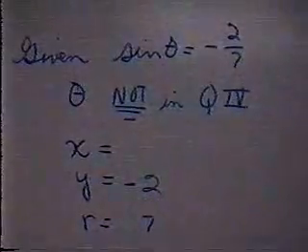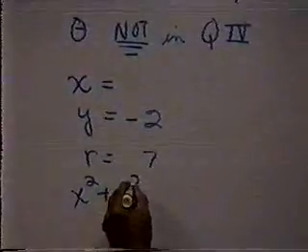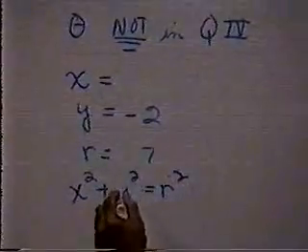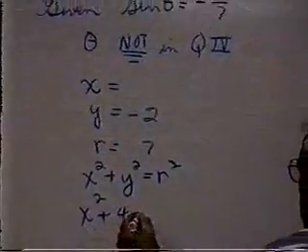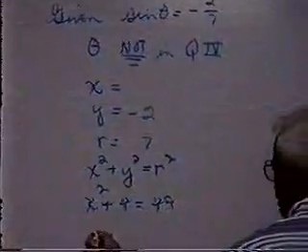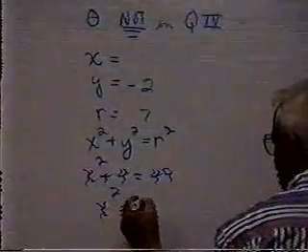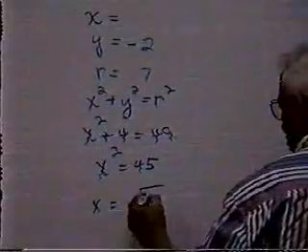All right, and then we do x squared plus y squared is equal to r squared. So x squared, we don't know that. Y squared is 4. R squared is 49. And therefore x squared is 45. So x is the square root of 45.